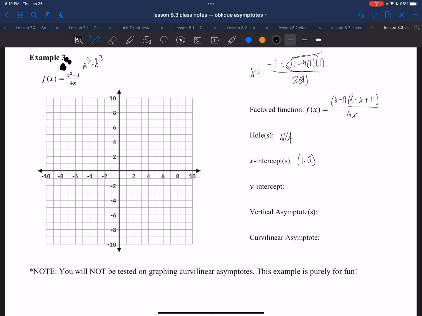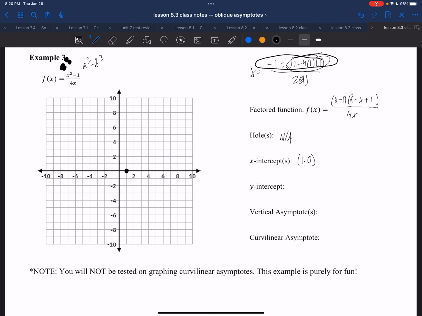But that's imaginary, okay? So that's the only x-intercept I have, because what makes the numerator 0, I would have 2 more imaginary numbers. But I can't plot those on a real grid, on the real plane, so that's it.